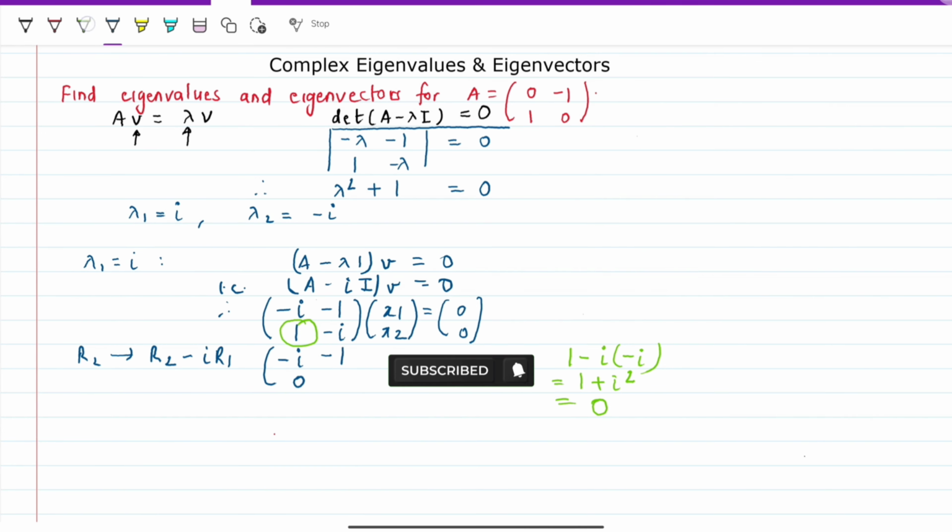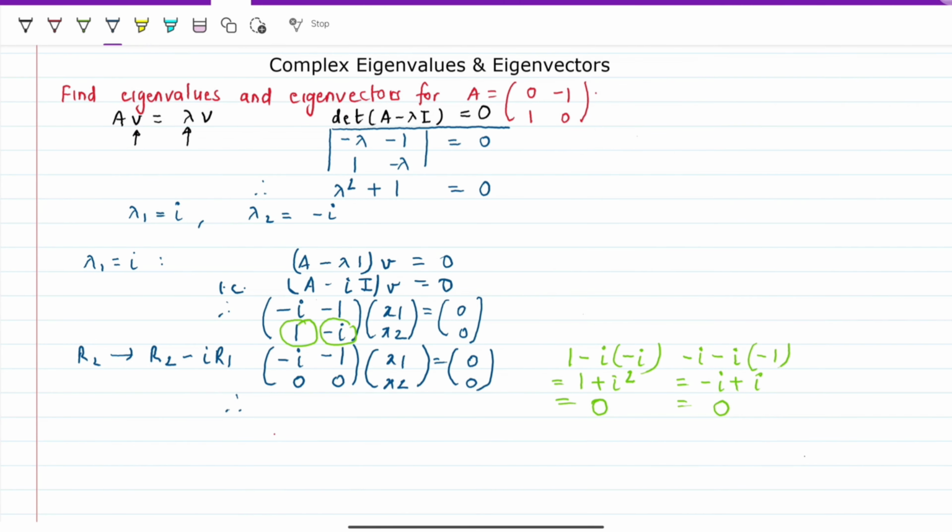Now let's work with the next entry, which is negative i. So again performing the ERO gives us minus i times of R1, which is minus 1. And this gives us minus i plus i, again which is 0. So thus this entry is also 0. And we have x1, x2 is equal to column 0, 0.